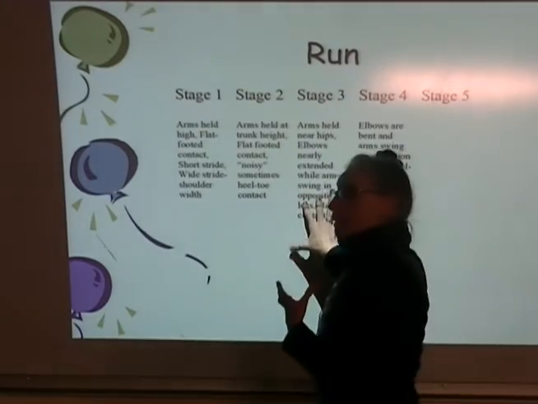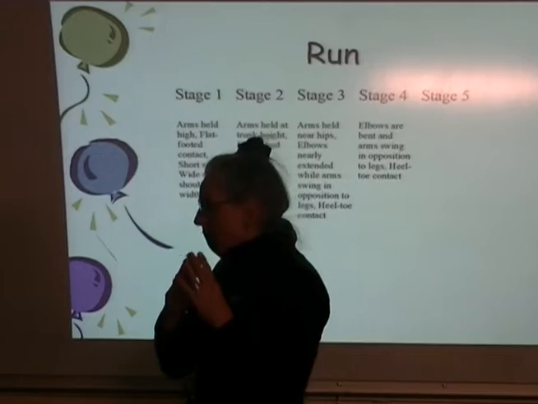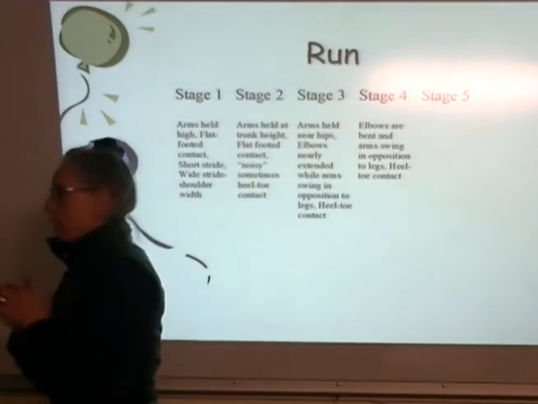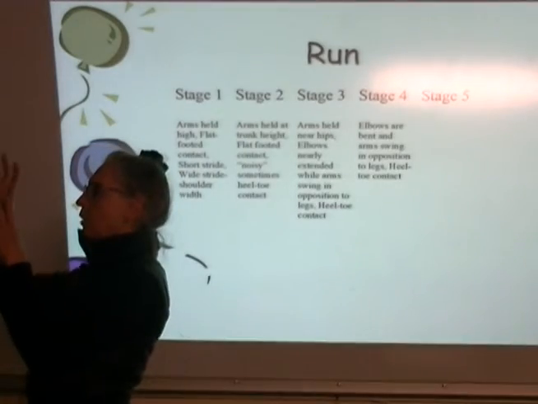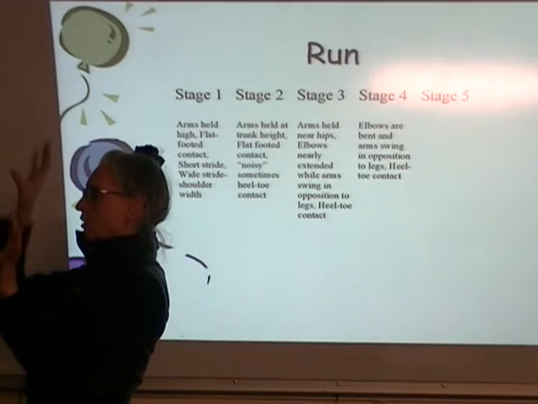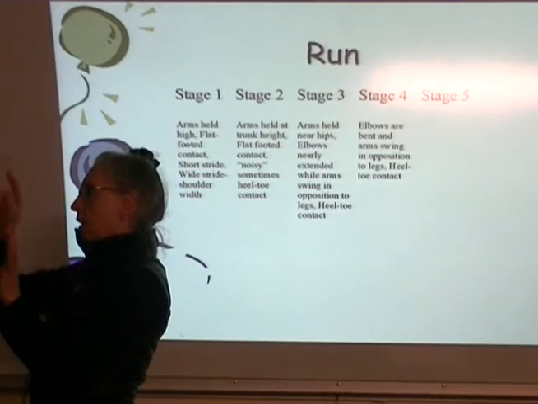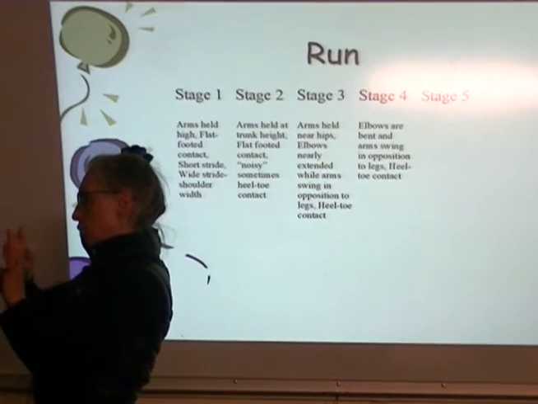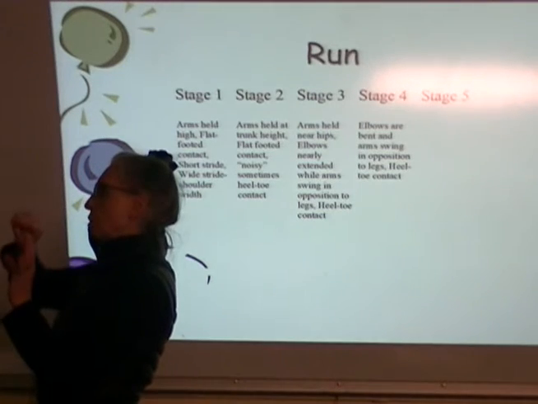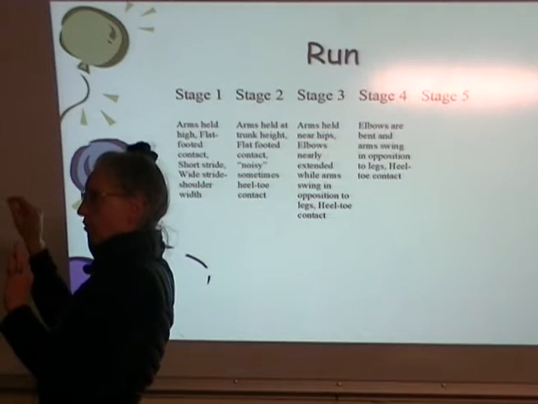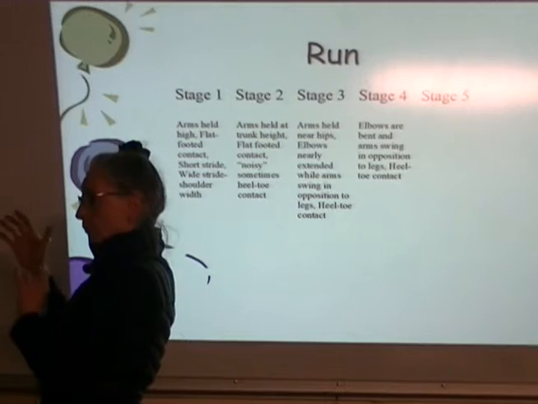Now, to relate this back to our constraints triangle from yesterday, remember that we said we have an individual, a task, and an environment, and that these 3 types of constraints interact to impact the movement behavior that emerges, okay?